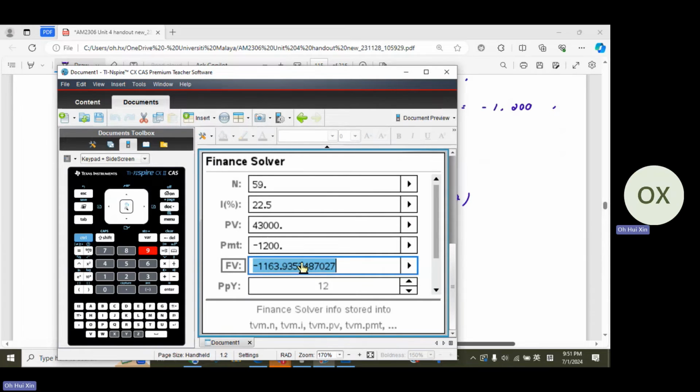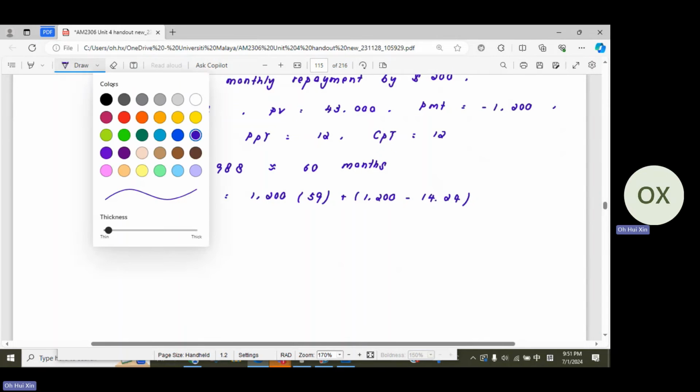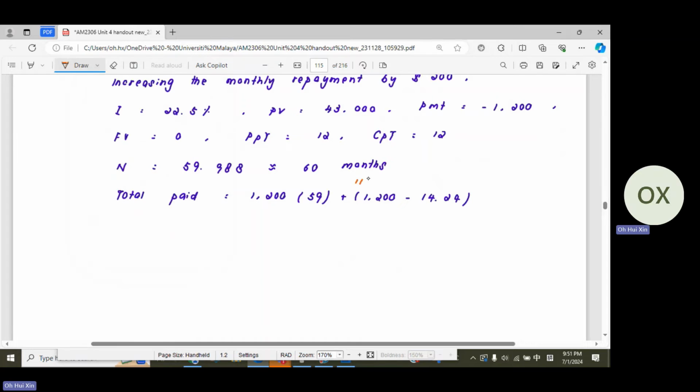Then you add the final interest that the bank would charge you, and you should get the same answer as well. The alternative is 1163 point. But if you are using this method, it's good to take more than 2 DP, or else your answer can be slightly different.